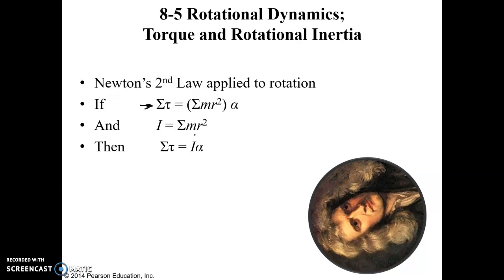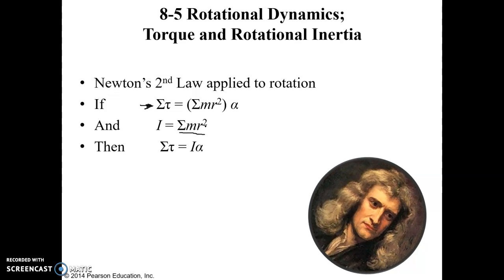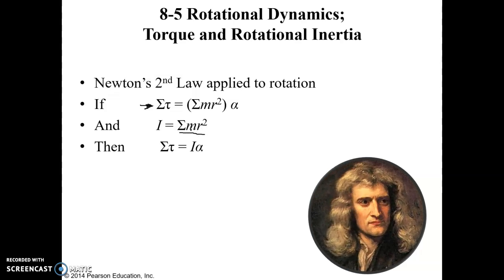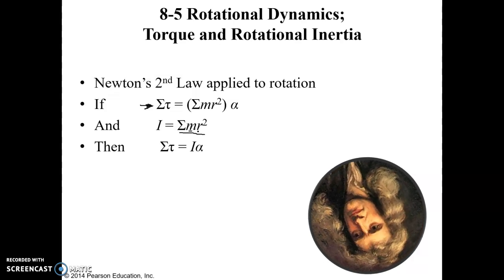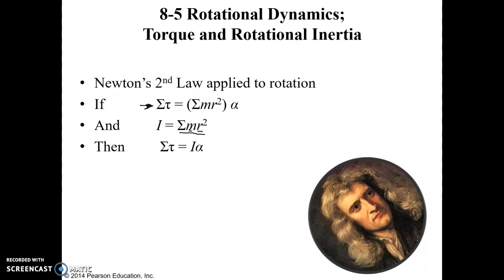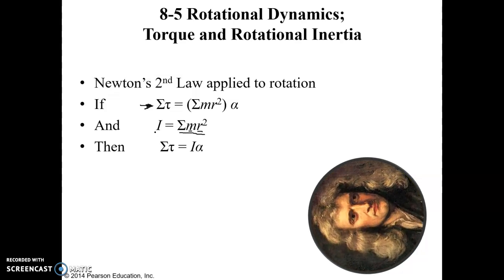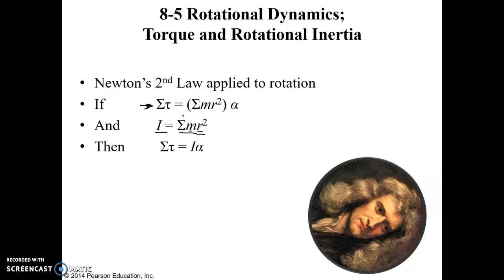If we broke the shape down into a bunch of tiny pieces, and we took the mass of each of those pieces and their distance from the center, and we did mr squared, and then added it up for all those pieces, that would give us the moment of inertia.